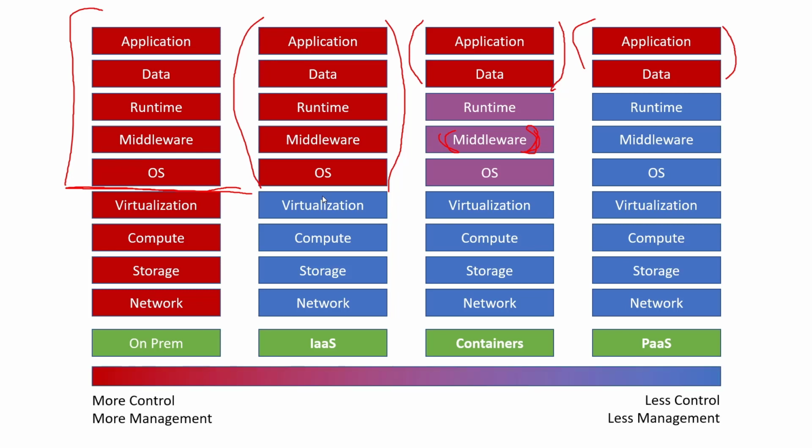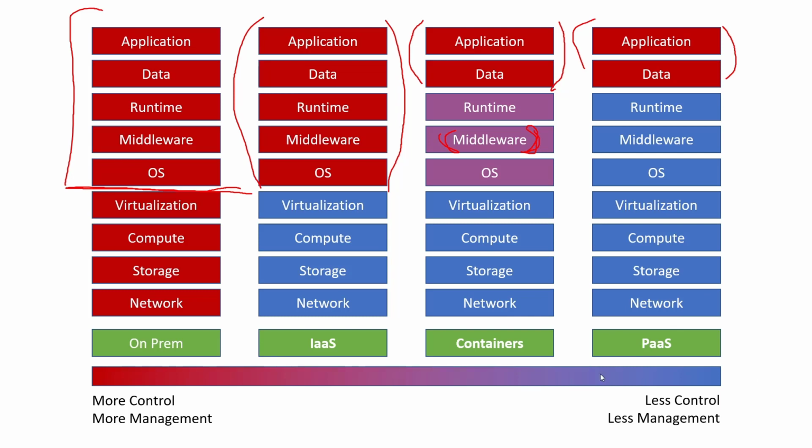So I do want to speak to these kinds of dichotomies that you have. On this gradient down here, you have ultimate control and ultimate management of everything over on the left. But as you move more to the right to infrastructure as a service and platform as a service and containers, you lose some aspect of the control of the environment, but you have less management responsibility.